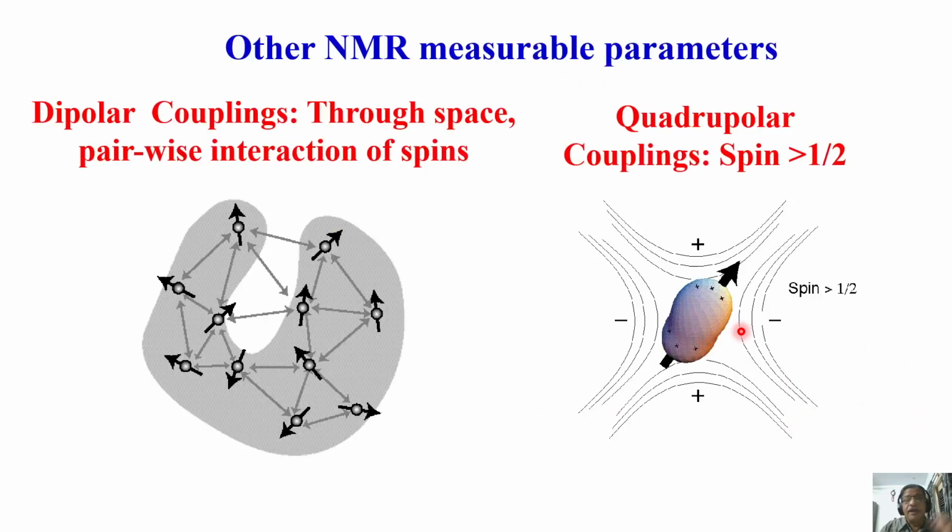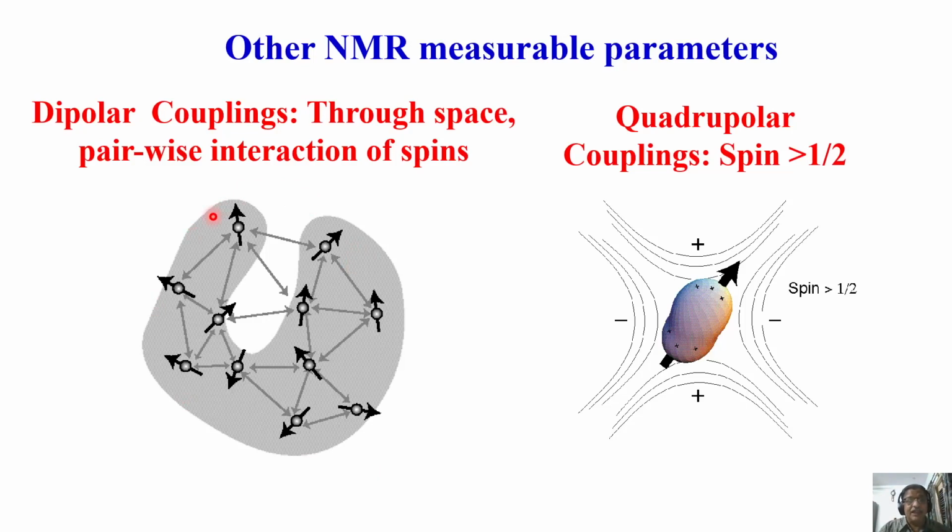Remember this. And there are other measurable parameters I told you. One is dipolar coupling, that is through space, which is a pairwise interaction of spins. That means there are n number of spins possible in a molecule, n number of protons or even heteronuclei, let us say. Each spin can interact with all the remaining spins depending upon their spatial proximity. You understand? When we go further, we will understand later.